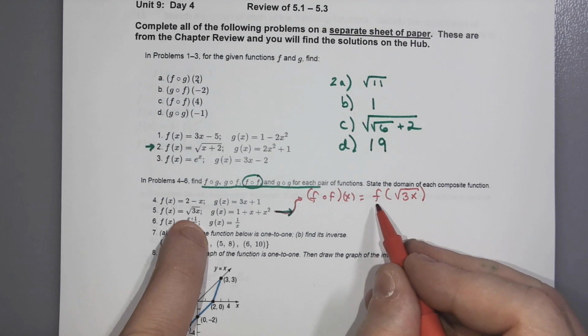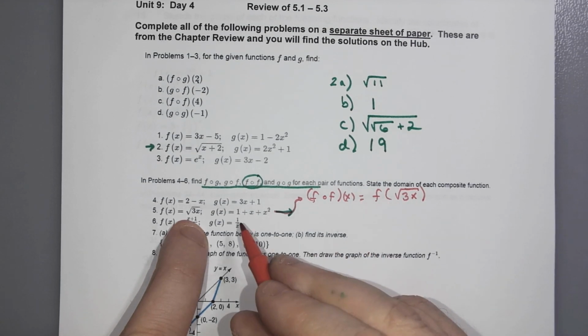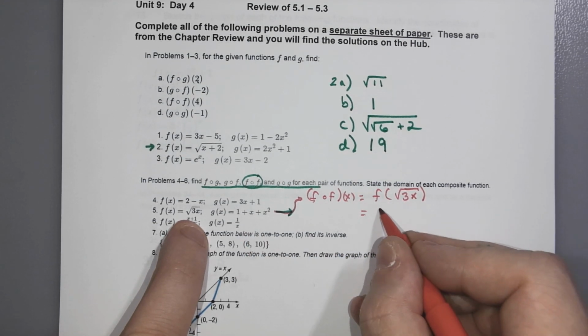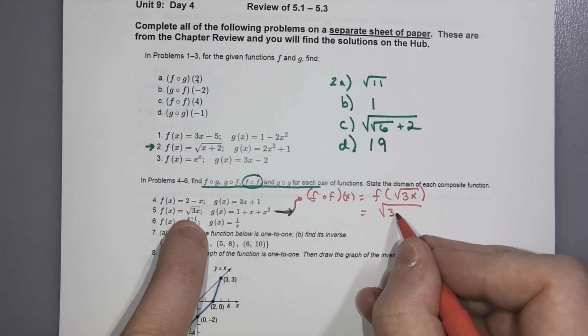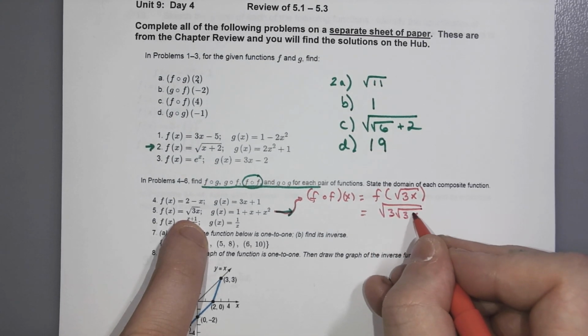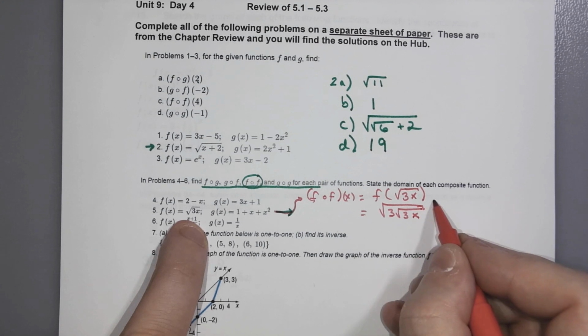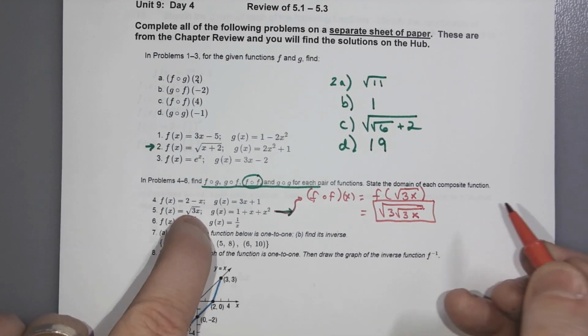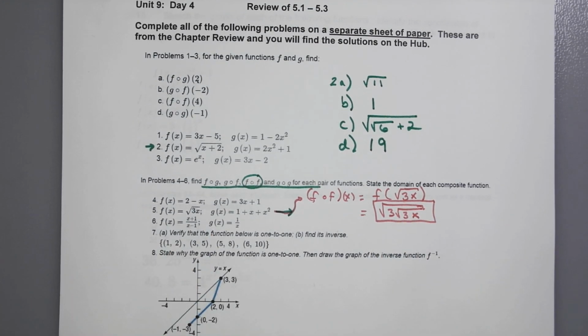Now, take f and stick radical 3x into it as an argument. So we get the radical of 3 times the radical of 3x. So that is the result for the function, the composite function.